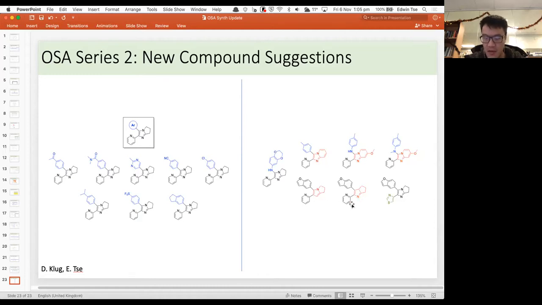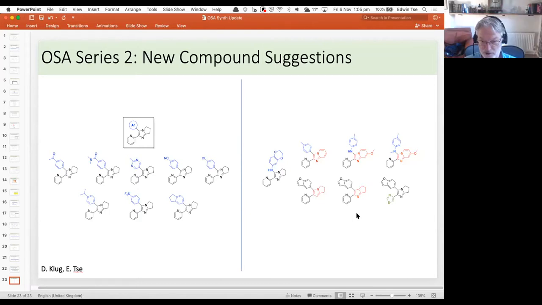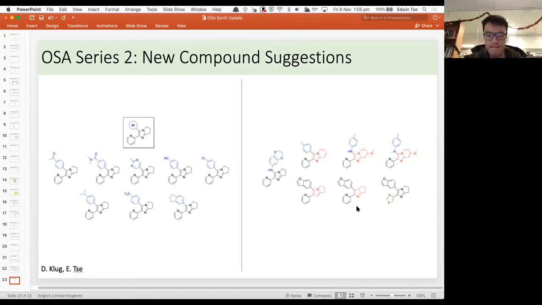These two in the bottom where we're removing one of the nitrogens, I think that's nice, but it'd be a lot harder to make. I also think the one in the bottom middle will exist as a pyrrole, so it'll be the NH. So not sure about those.